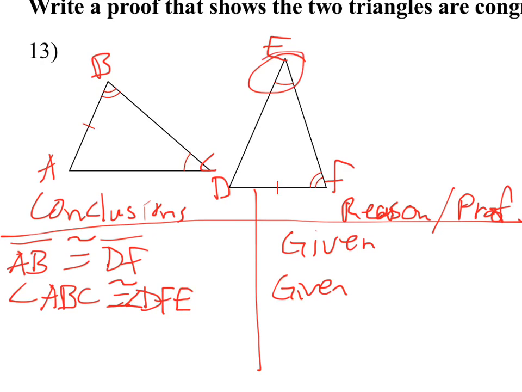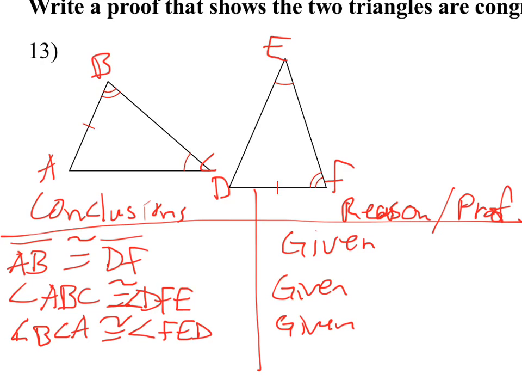And the other angles are also congruent, centered at C and E, so angle BCA is congruent to angle FED, and that's a given. And then we have one last step, which is saying that those triangles are congruent.